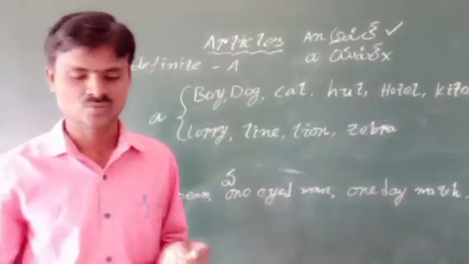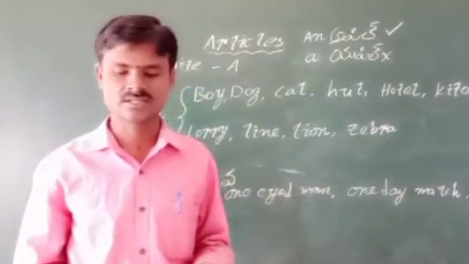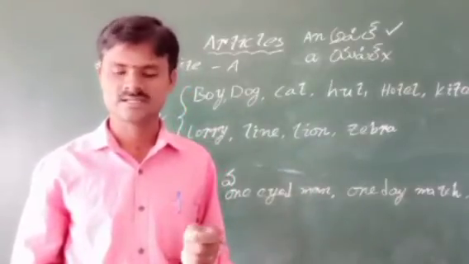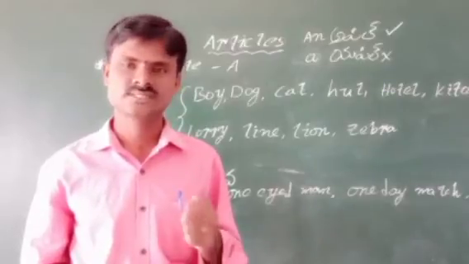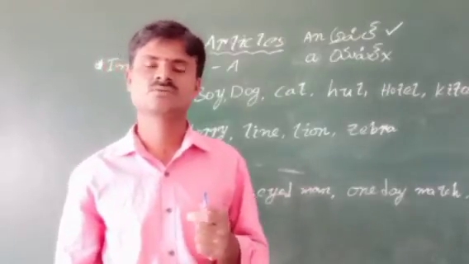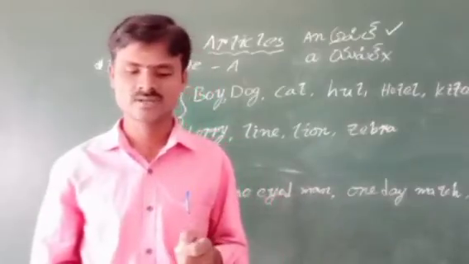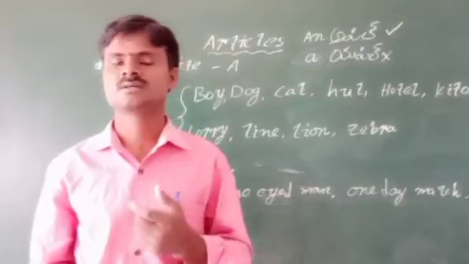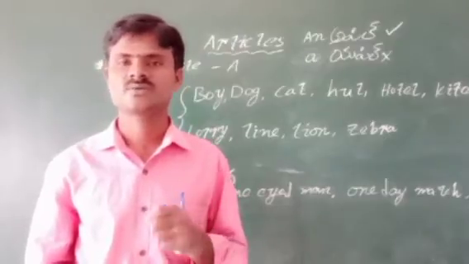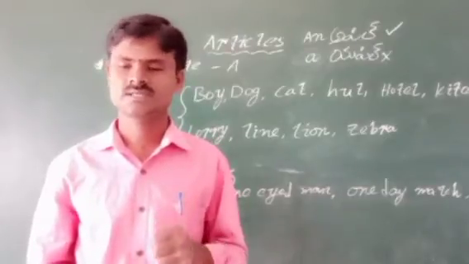You have to use only a: for a long time, in a hurry. In these cases we have to use fixed phrases. We have to use only the a sound.